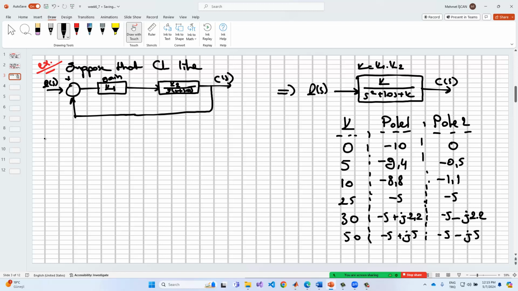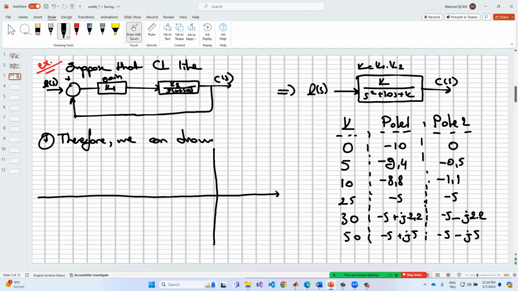For example, if we draw these equations or the values in here, just like this one, sigma and jω, right? And so how can we do that?